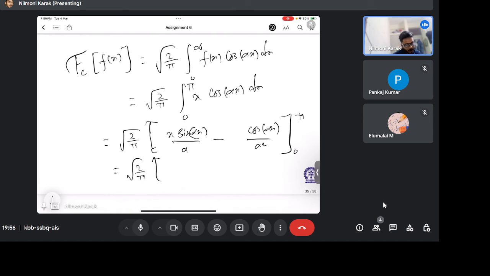So alpha may not be an integer, alpha is any real number. So that's why your x sine alpha pi divided by alpha, this is also pi, pi times sine alpha pi by alpha.